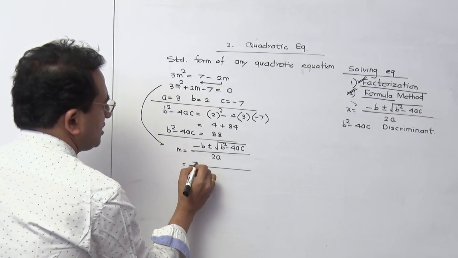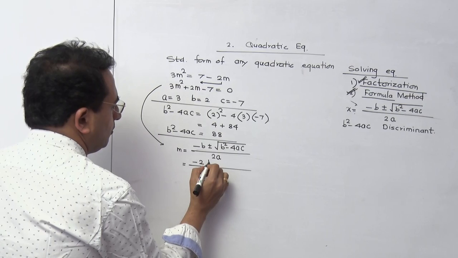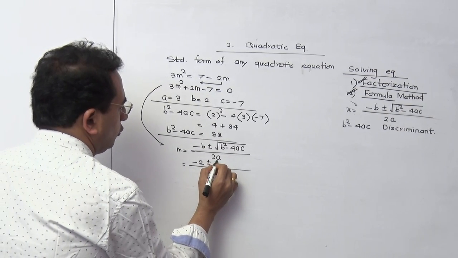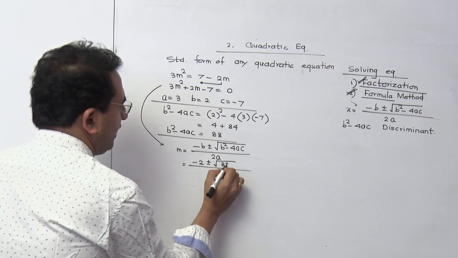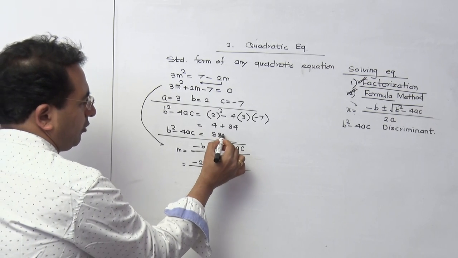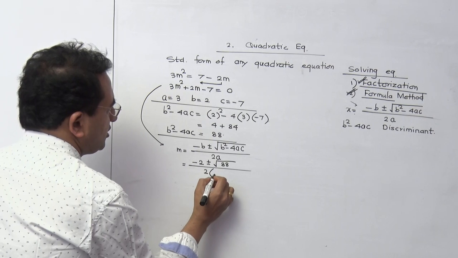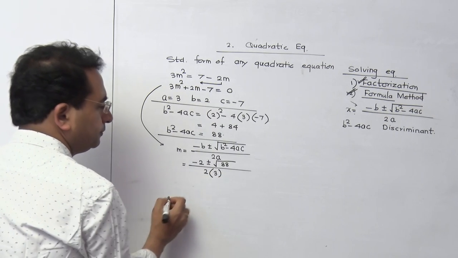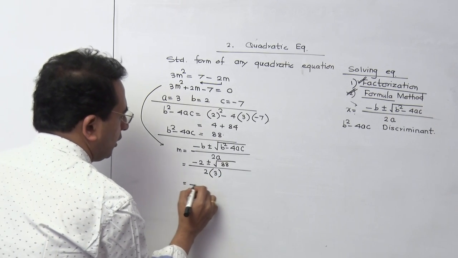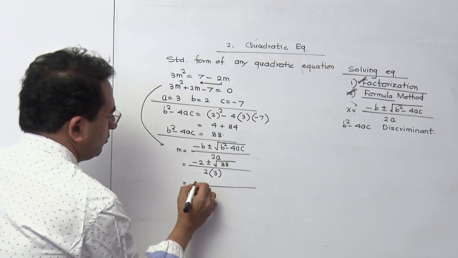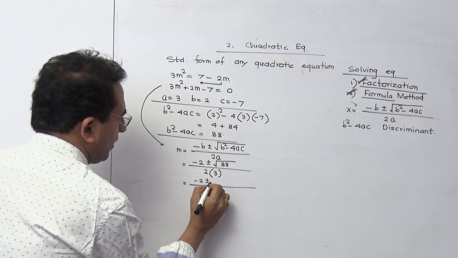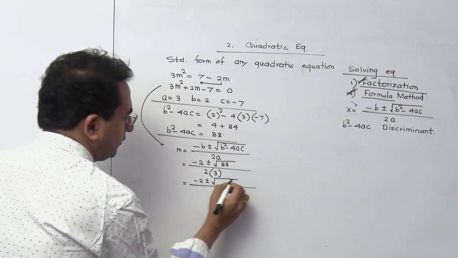It is minus b means minus 2 plus or minus root of 88. Because we have got the value of b square minus 4ac upon 2a, that means it is 2 into 3. Now as per our earlier calculation, minus 2 plus or minus square root of.